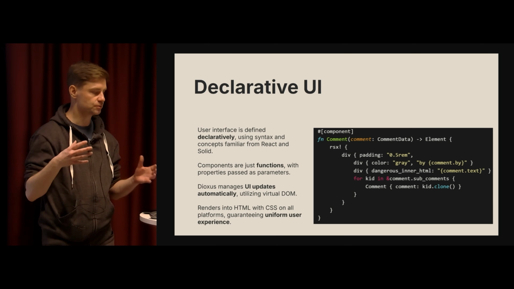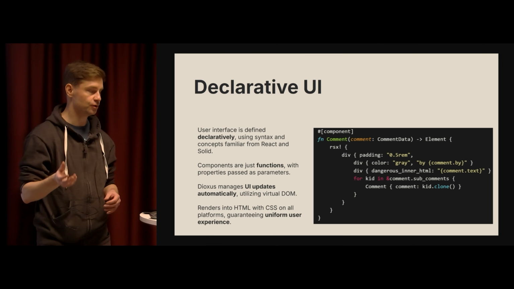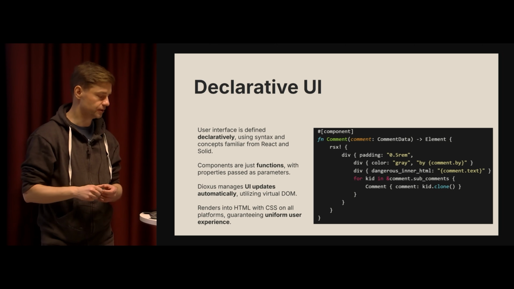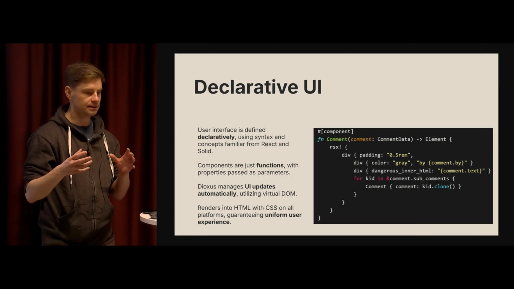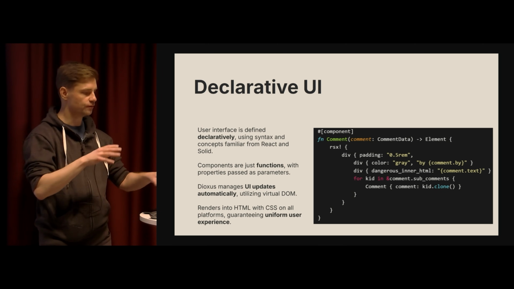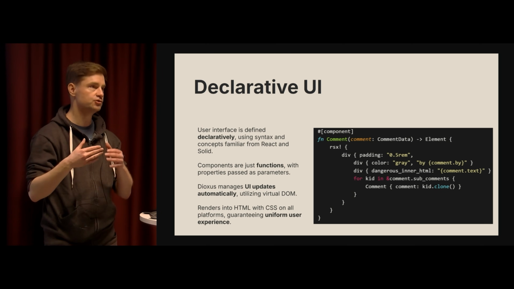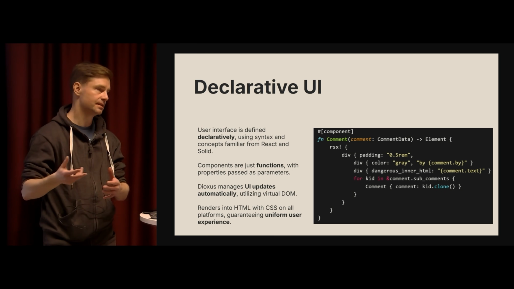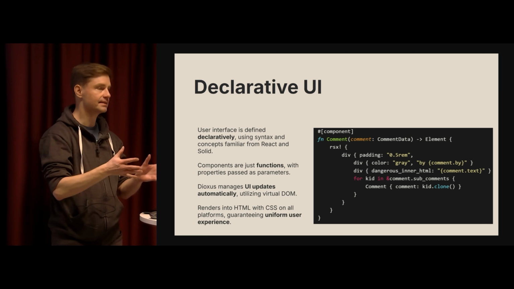But the way it works, if I just digress a bit into the internals as you address this topic, is that it has this virtual DOM. This macro is not just converting this code into Rust, but it actually generates all kinds of templates for what is something that can change.